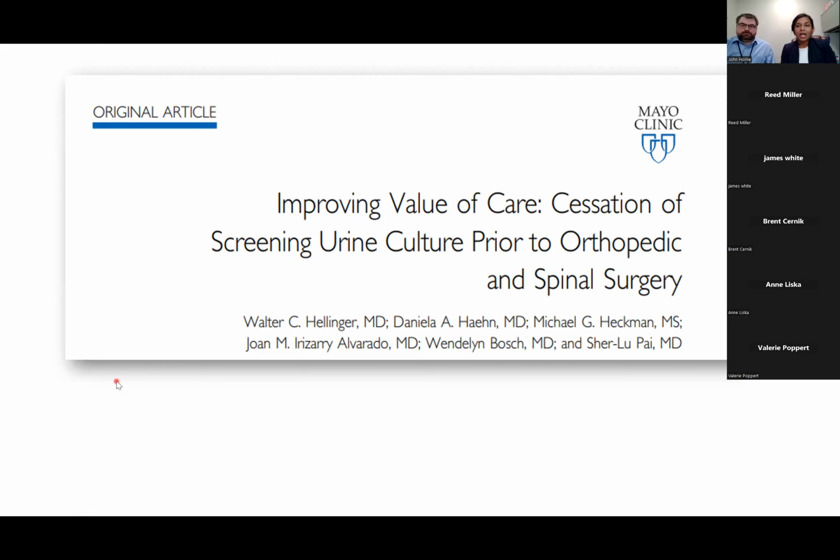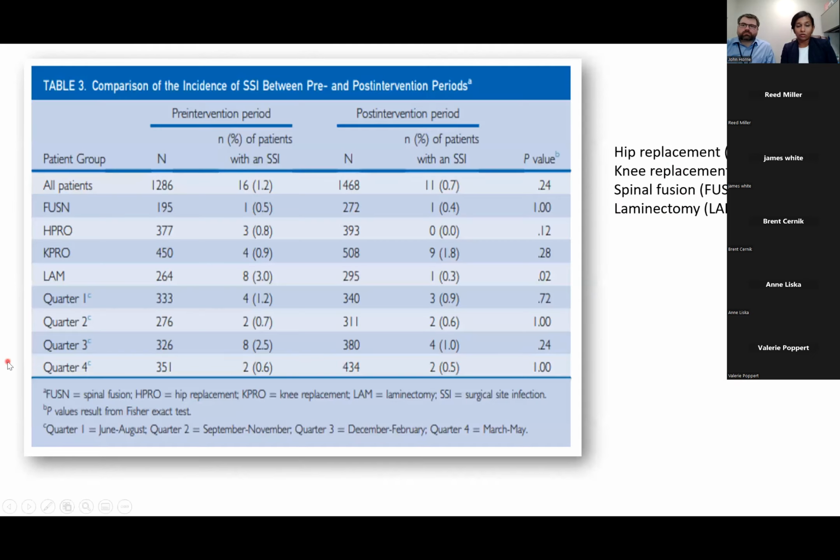And lastly, we get a lot of questions about surgery and should we screen urine and treat? Is there a value in getting urine cultures and treating before having orthopedic and spinal surgery? This study was done at Mayo Clinic and they changed their practice with this study. So it's really a good study to show.